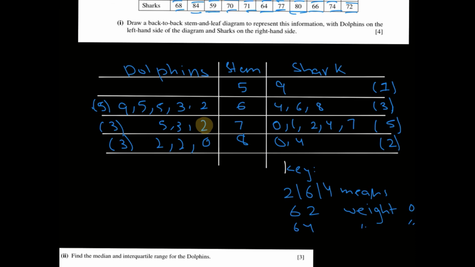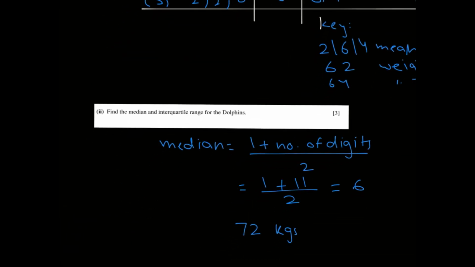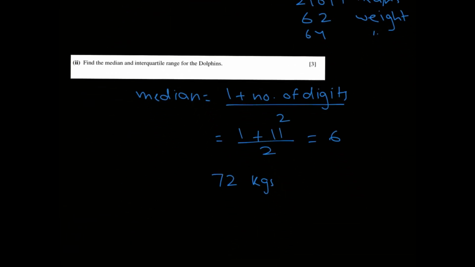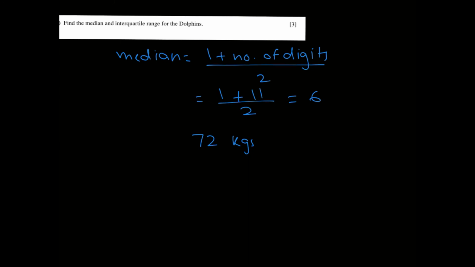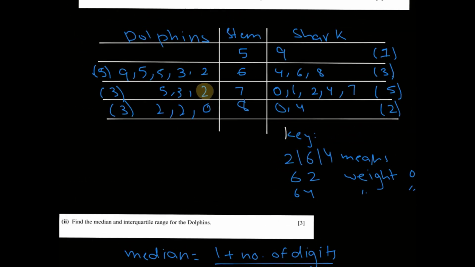So we do the same thing over here: we add 1 to 5 using this same formula and then divide by 2. So 6 divided by 2 is 3. So we count the third value after the median. This is the first value, second, and this is the third value after the median.